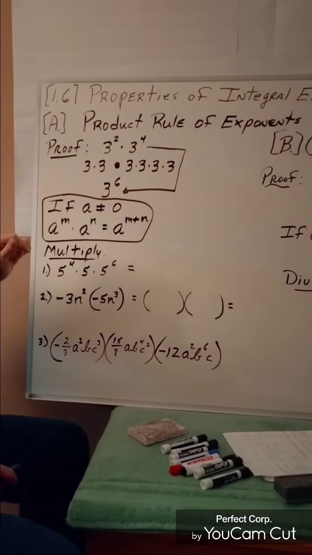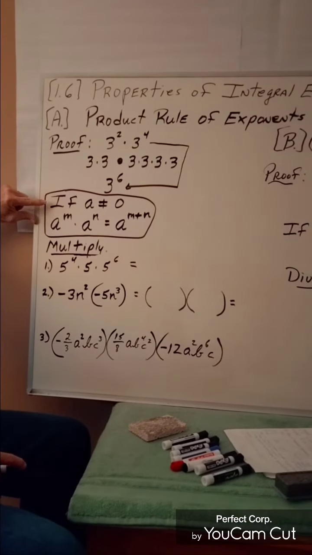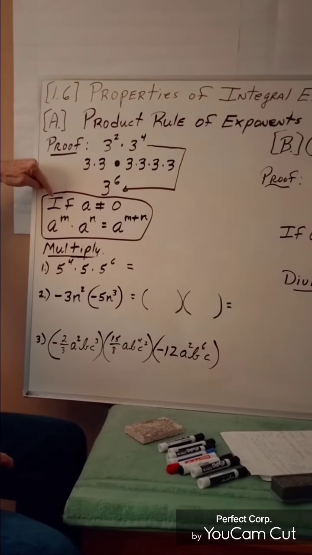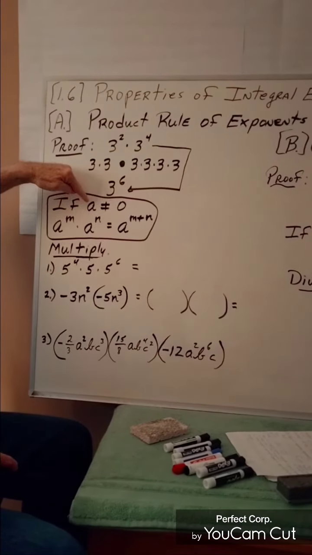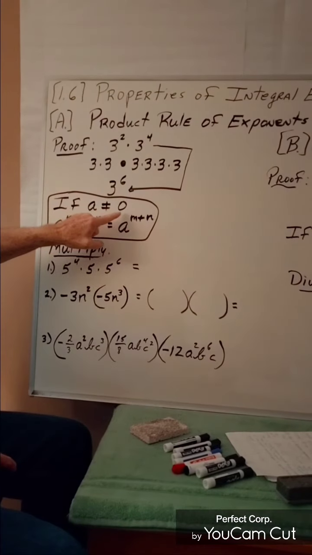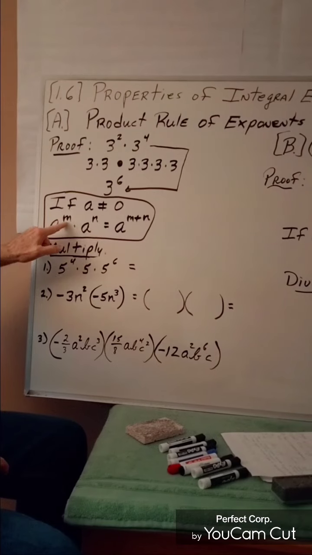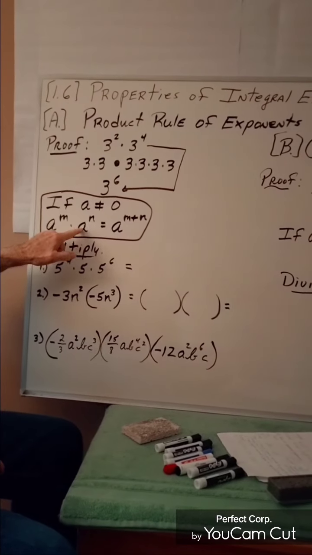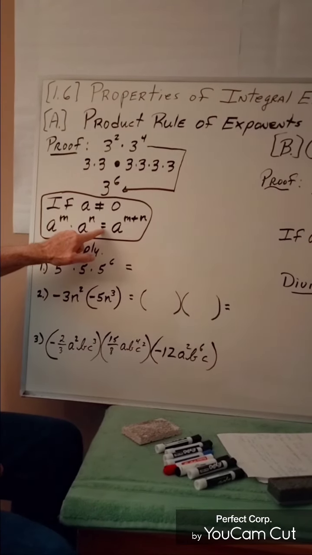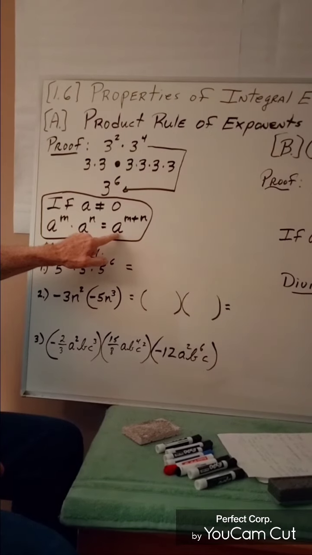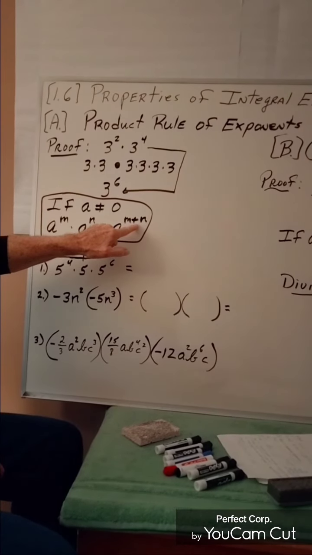That is the rule. So the rule for the product rule of exponents says this: if A does not equal 0, A to the m times A to the n will always equal A to the m plus n.